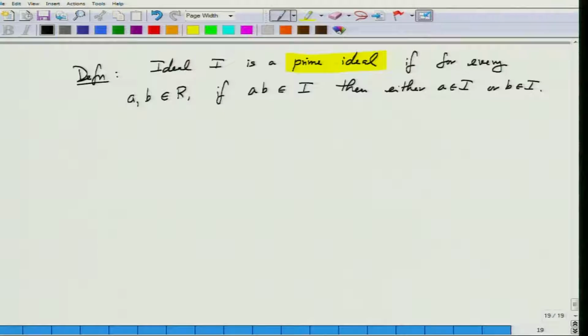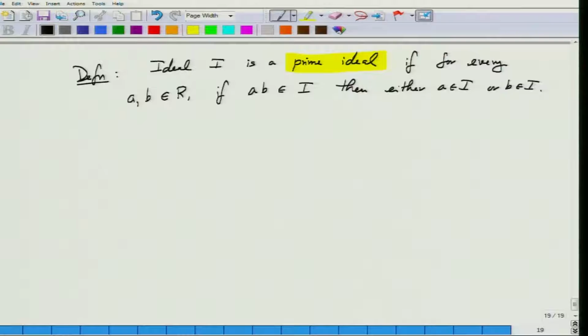This is a new way of stating the definition. Ideal I is a prime ideal if for every a, b in the ring, if the product ab is in the ideal, then either a is in the ideal or b is in the ideal. Now again, if you go back to the setting of the ring of integers, this is also a very sensible definition.